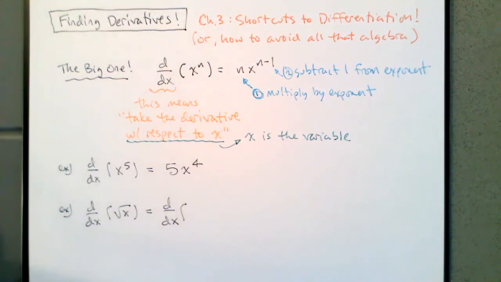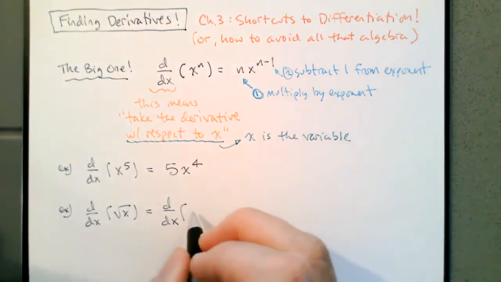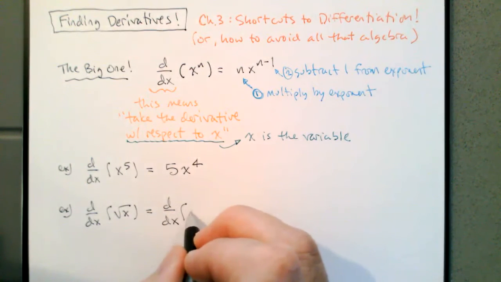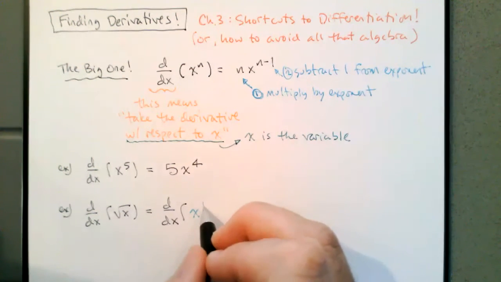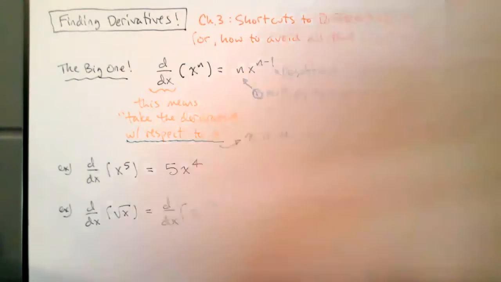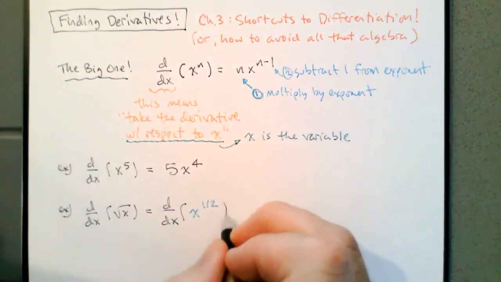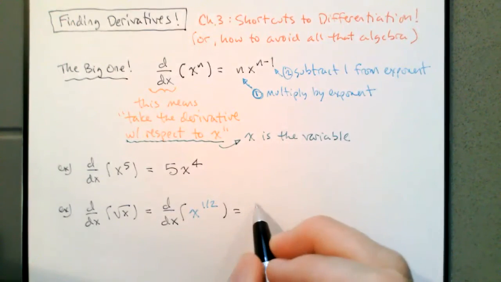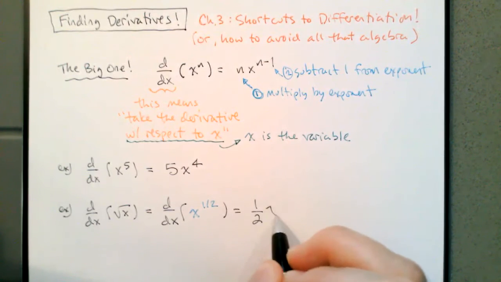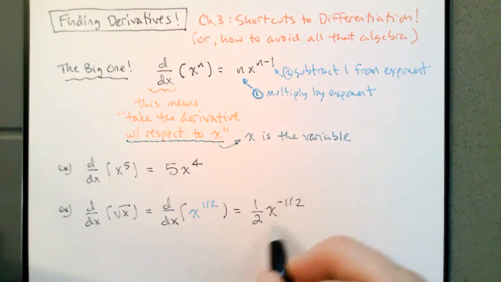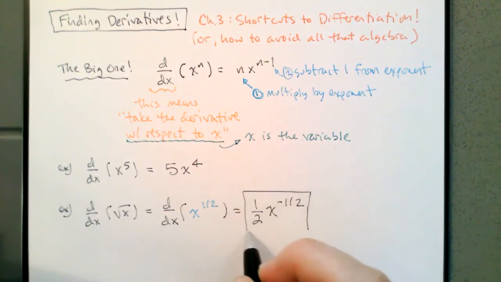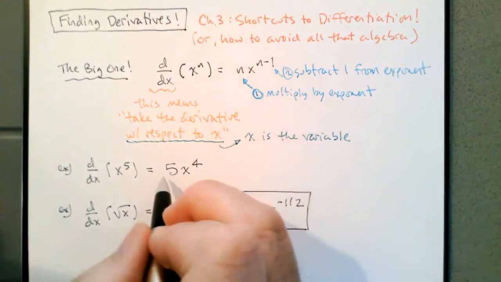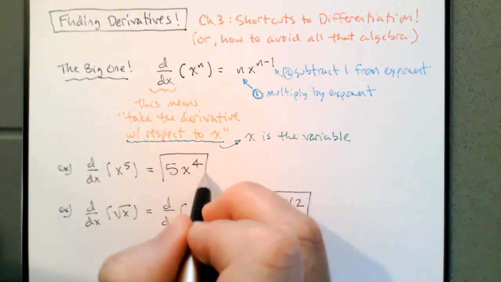What is the square root of x where x is raised to a power? We can look at this as x to the 1/2. And then we can just apply our rule. We multiply by the exponents and subtract 1 from the exponents.